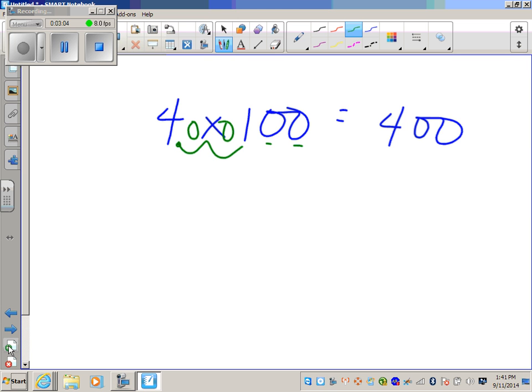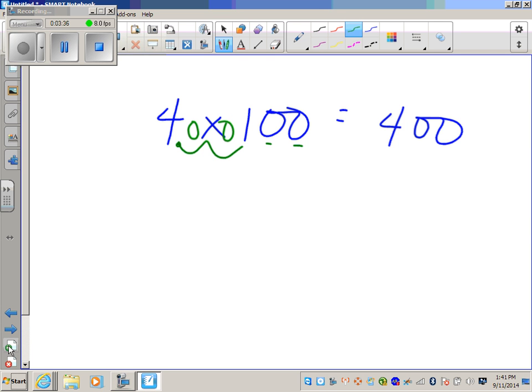So it's still 400. So we're not doing a magic trick. We're not reinventing multiplication. All we're doing is finding out in what cases is it just a matter of moving the decimal. Yes, you can look at 4 times 100 and know it's 400. But some of the other ones, you have to use the clues from what you're working with. All right? Now these are just regular powers of 10.